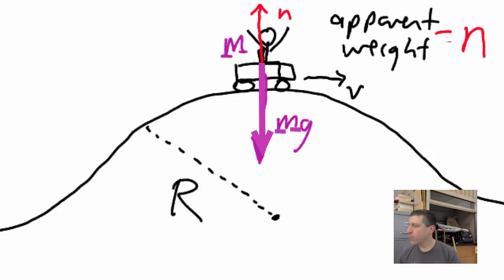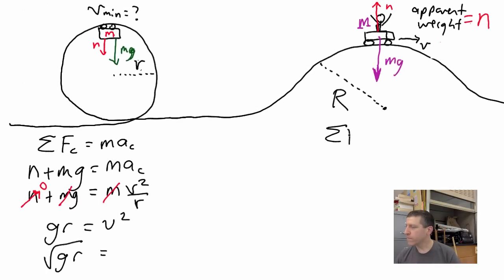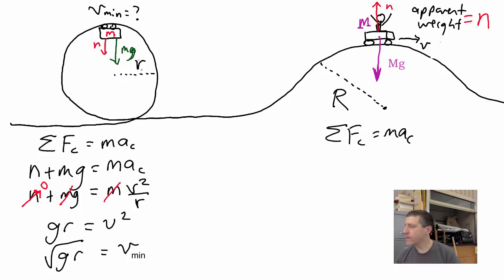We just have net force C equals MAC, and in this situation, how are we going to put these in here? Well, which one's positive? mg is going to be positive, and in this situation, it's minus N. I should clarify that this mg is the weight of the person that we're talking about, so I'm going to substitute in the capital M that we're using for the person's mass.